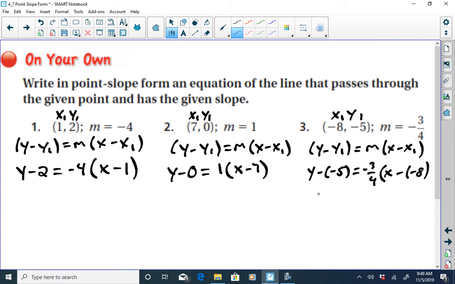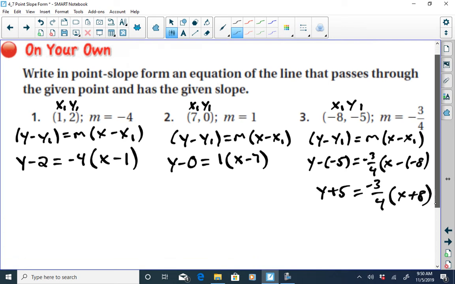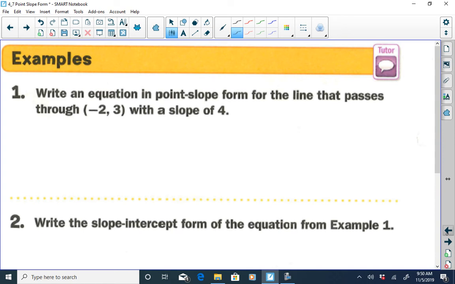We want to simplify this, so that's going to be y plus 5 when we simplify it. It's going to be equal to negative 3/4 times x plus 8. All right? So that's how we would write an equation in point-slope form if we're given a point and we're given a slope. Okay? All right, let's continue.